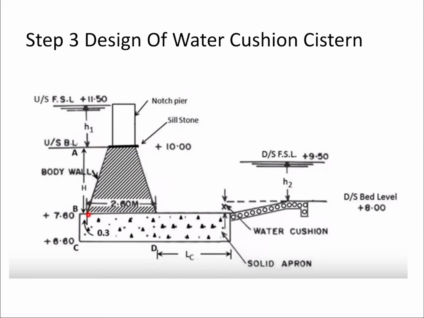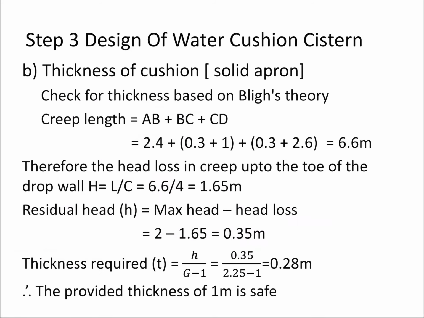So what will be the creep length? H plus this distance plus this distance plus till here, right? So 2.4, H is 2.4 plus 0.3 plus 1 plus 0.3 plus 2.6, right?